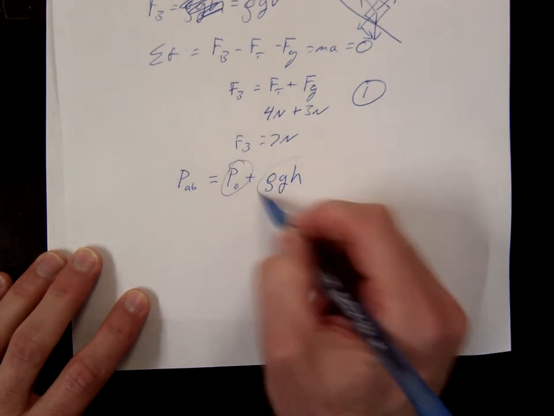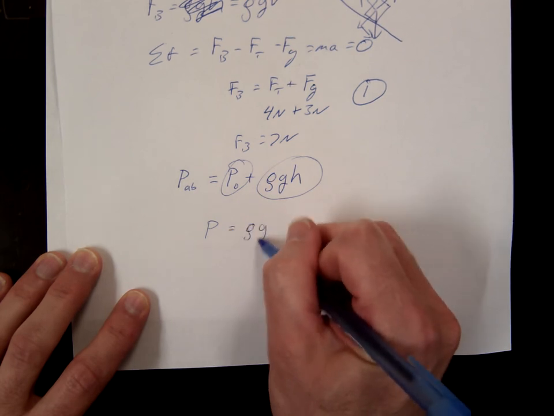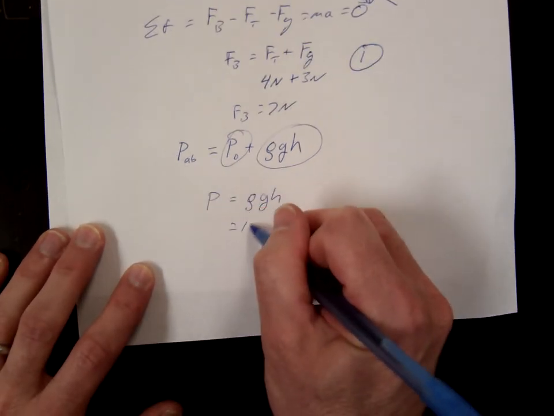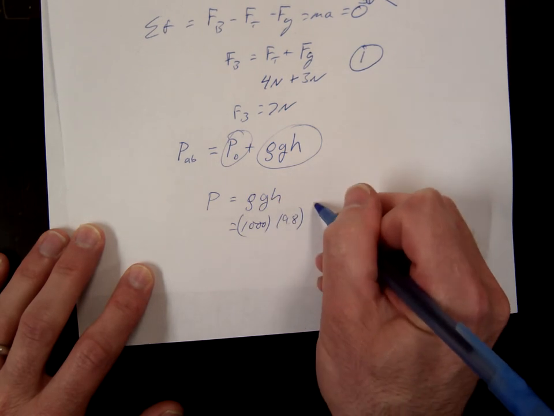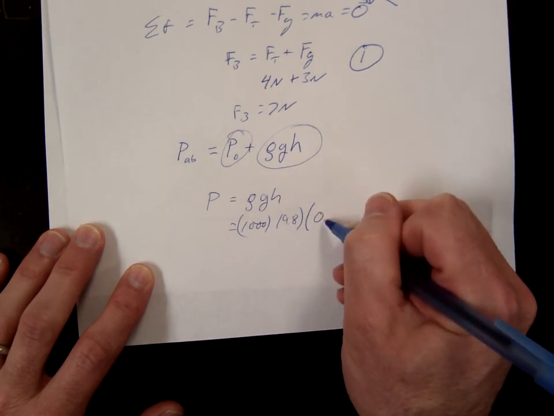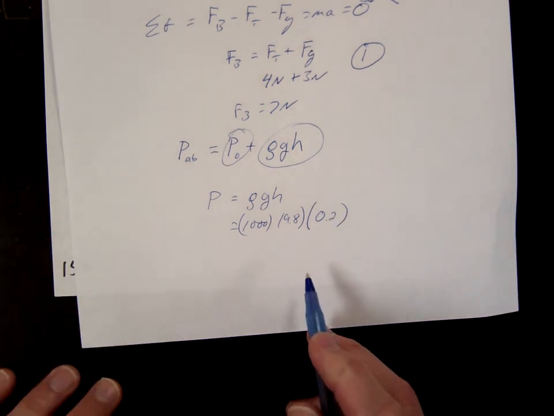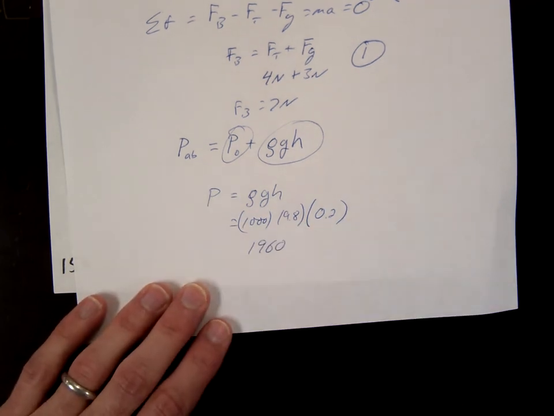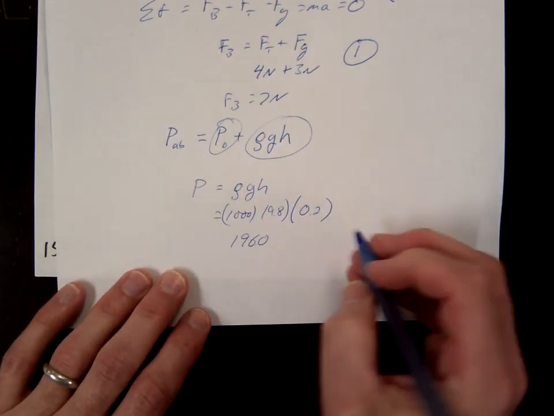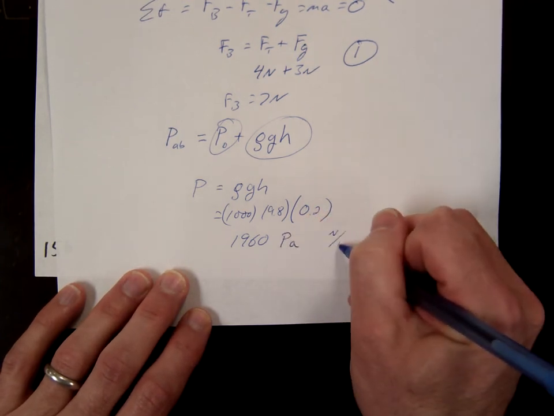So we're only going to do rho gh. So P should equal rho gh. So rho was 1,000, g is 9.8, and h was 0.2. Okay, so what's the answer for that? 1960. Now what are the units for pressure? This is important. Pascals, good. Or you could have done newtons per meter squared.